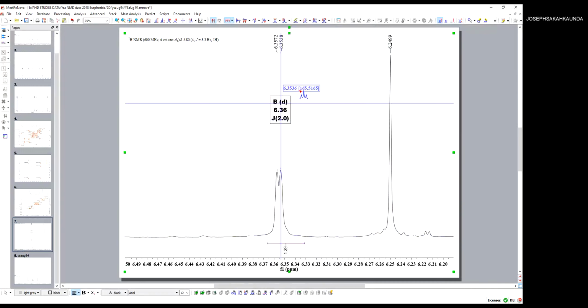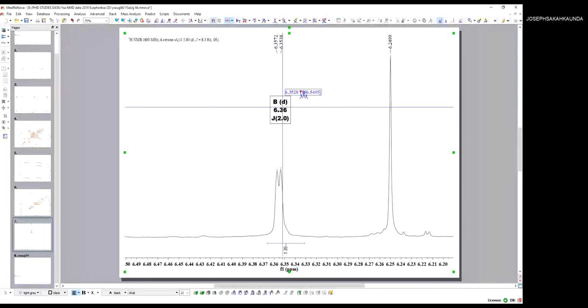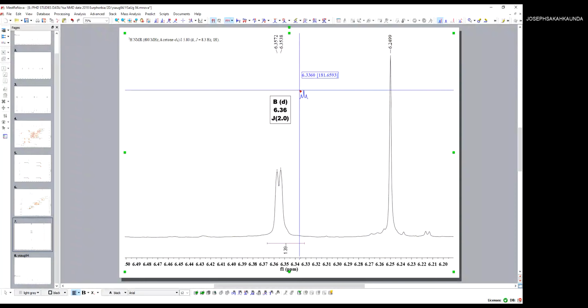Now, whenever you have a sugar molecule in your compound and you see the J value assignable to the anomeric proton is this small, below 2, 2 point something, that is small.